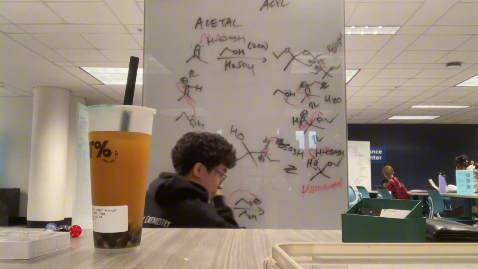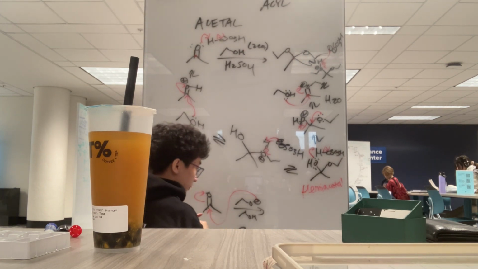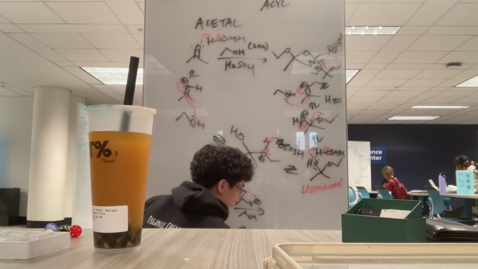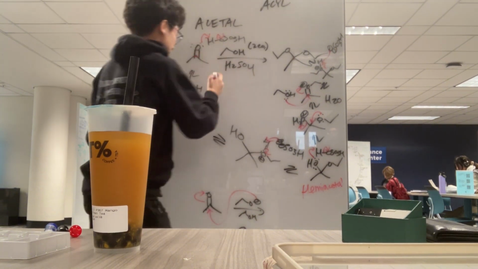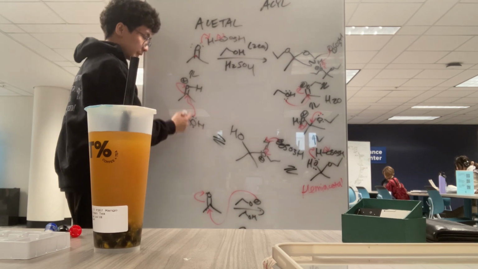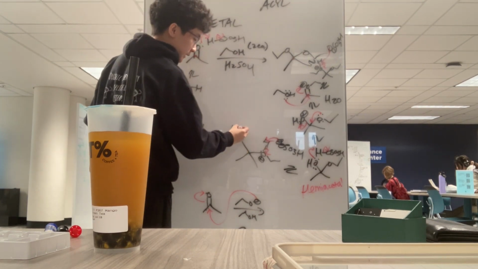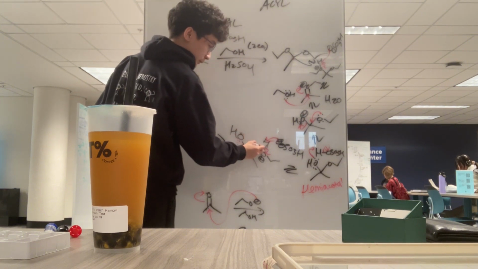And the reason why it cannot go backward is because if I try going backwards by reforming the carbonyl, I cannot kick out this leaving group. This is a bad leaving group. That's why I can't go backward. But if you see in this case, once this alcohol attacks that carbon, this is reversible because we can actually reform the carbonyl and kick out this leaving group. This is a good leaving group.